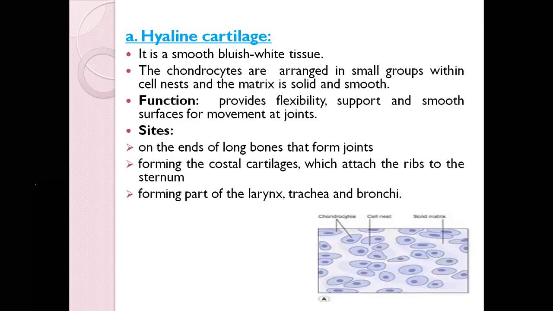It helps in flexibility, supporting, and smooth movement of the joints. It is usually found at the end of the long bone. It also helps form the costal cartilage, which attaches the ribs to the sternum, and it also forms parts of the larynx, trachea, and the bronchi.